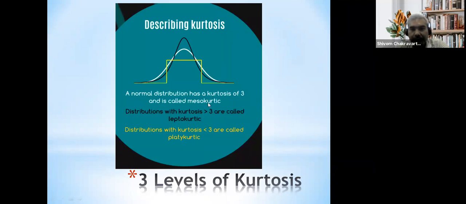Similarly with mesokurtic data. So skewness and kurtosis are not affecting or causing each other. That should be very clear, because that is a common misconception, and many researchers have tried to clarify it by writing good papers. Kurtosis does not affect skewness.